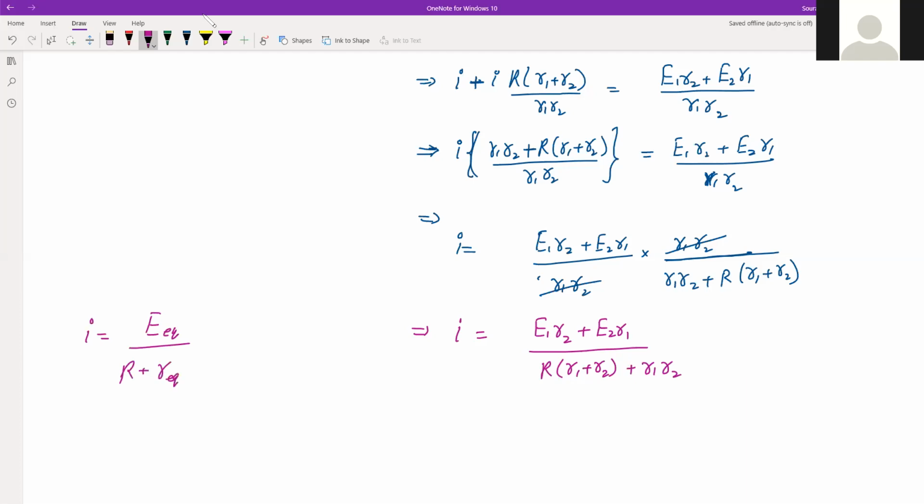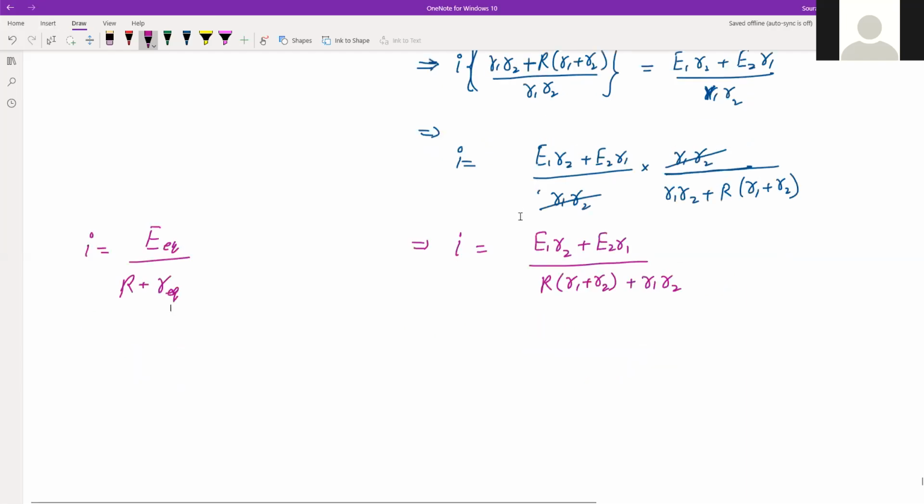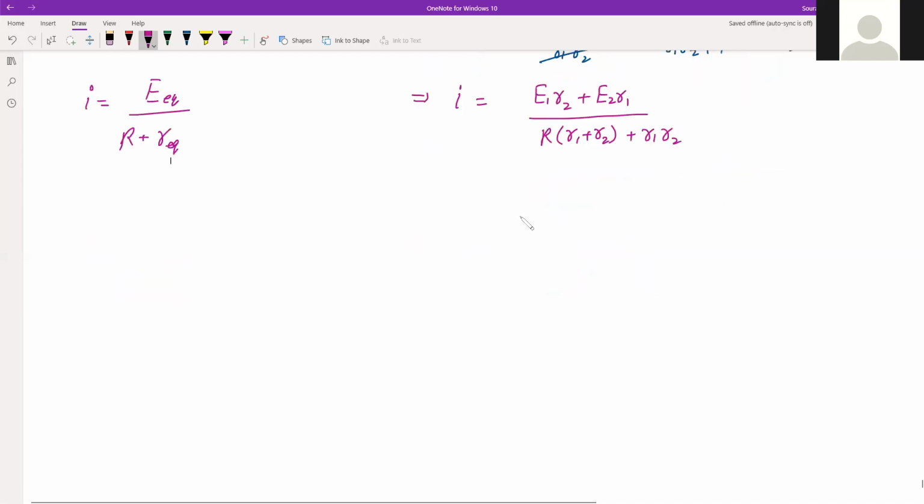So if we want it to be in that form, still some transformation has to be done. Let's do that. What is stopping it from being that? This R1 plus R2. So divide numerator and denominator by R1 plus R2.